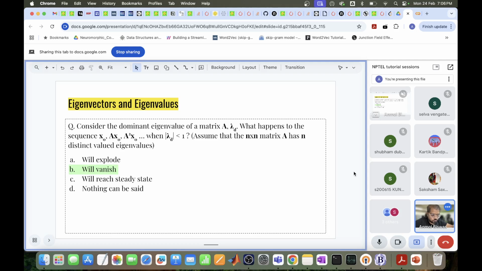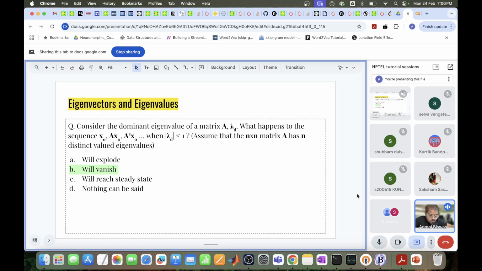The proof of why this will happen relies on these assumptions, that this is a matrix that has n distinct eigenvalues. Because once you have n distinct eigenvalues, you're assured that you will have n distinct eigenvectors that are all linearly independent. And the n distinct eigenvectors that are linearly independent will form a basis in Rn.